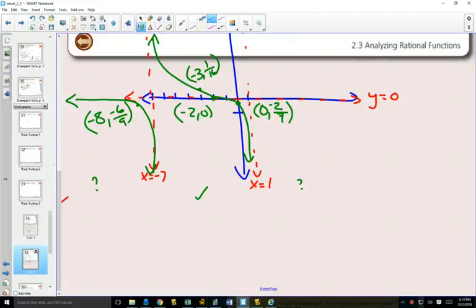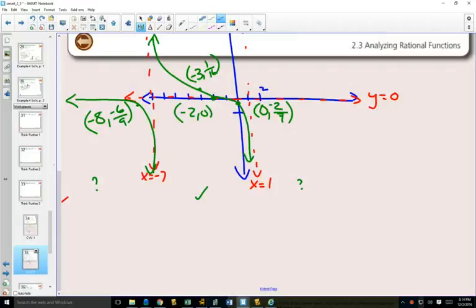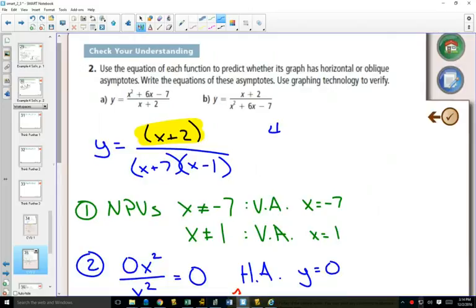And finally, we have to figure out something in the third section here. Let's plug in 2. If we plug in 2 to the top, we'll get 4. In the bottom, we'll get 9 times 1. That will be 4 over 9.